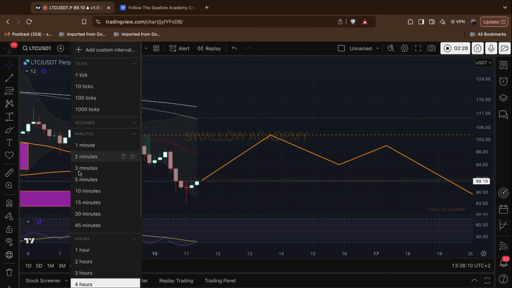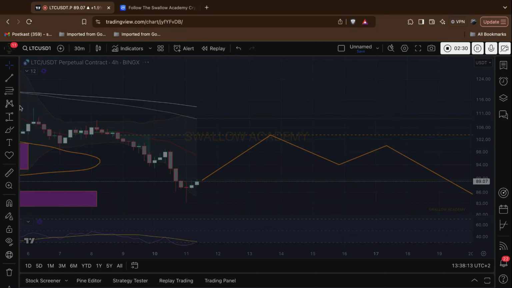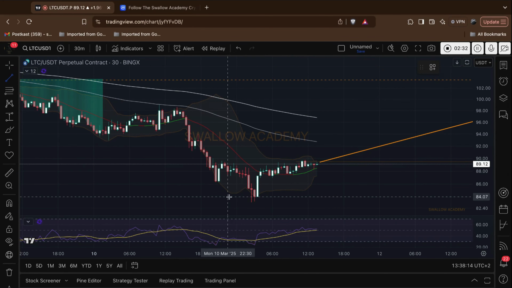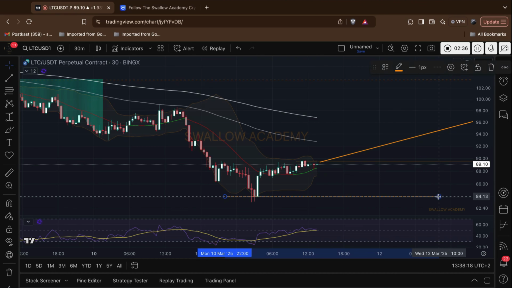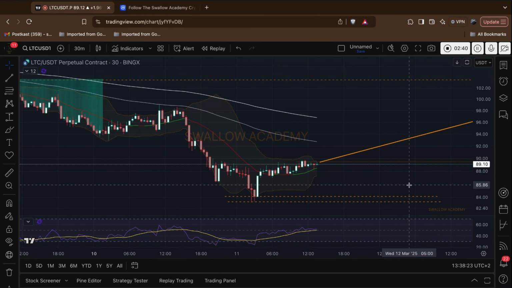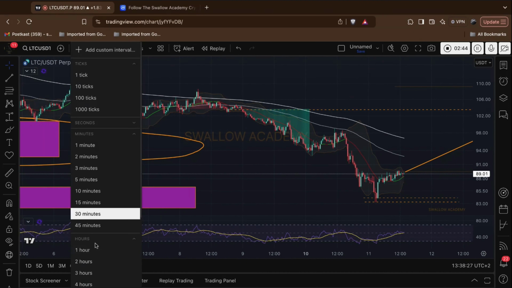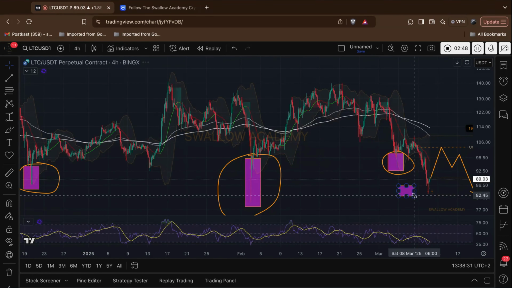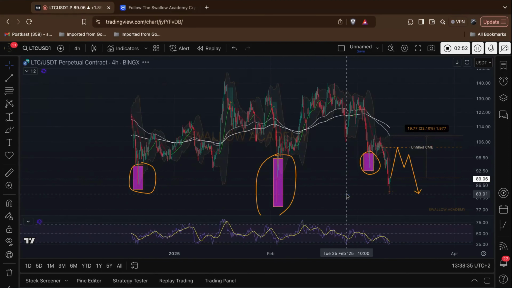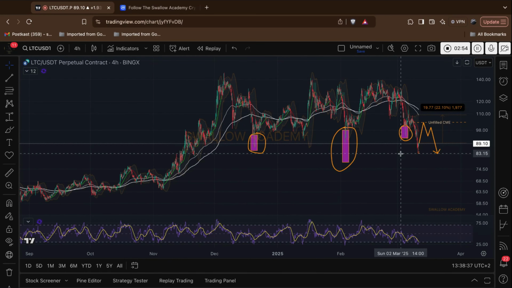So going on the 30-minute time frame, I will show you quickly what kind of zones we keep attention at as well. Basically $84 is the mark we keep attention at, because if we see the price fall even lower and we just keep on falling from here, then of course we are in chaos mode and we'll keep on falling.